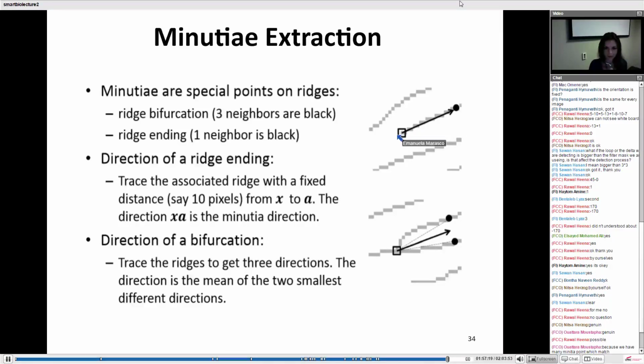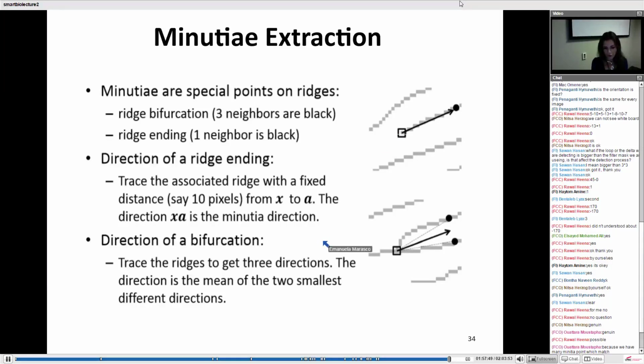Because we need to detect the minutia, which means locate them, we will need to have x and y coordinates, but we will also need to provide an angle. So we need to provide the direction. If I ask which information a minutia point represents, the answer is location and orientation. And this is what we need to extract.